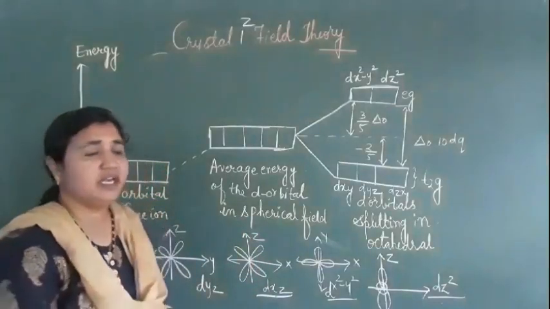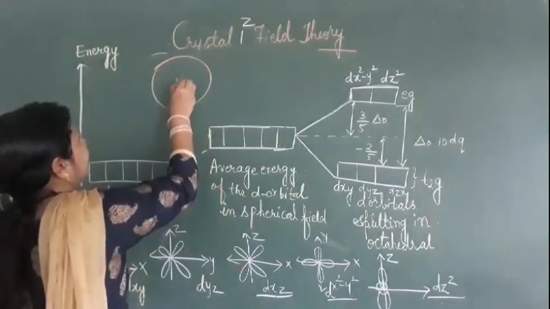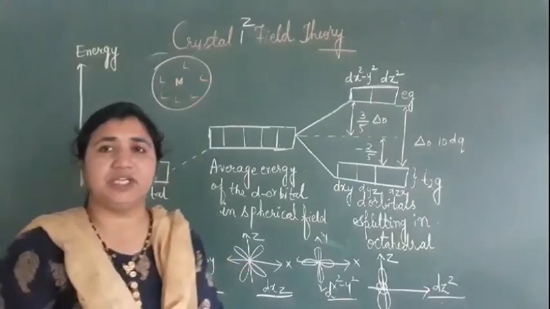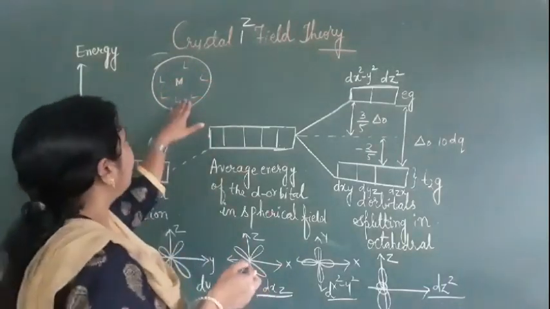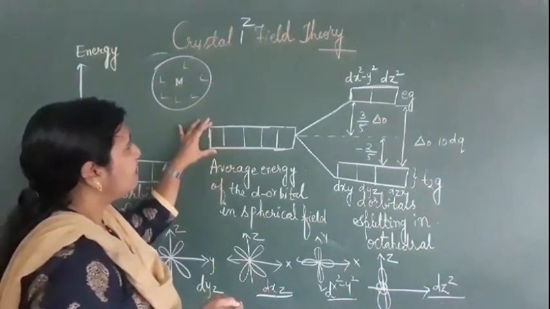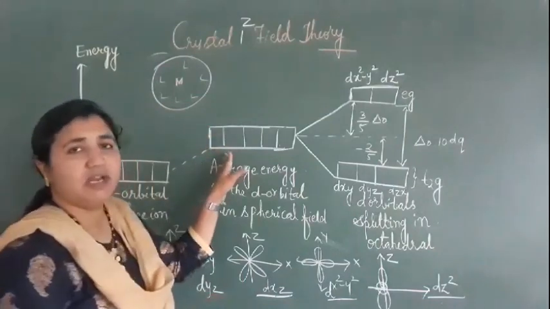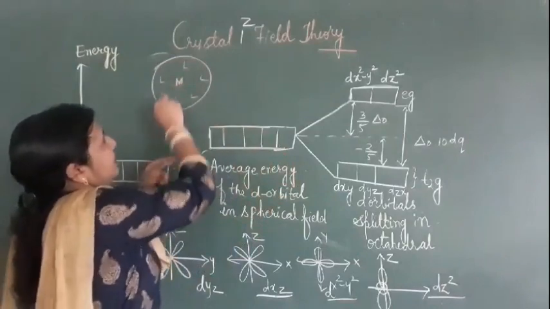Spherical field means the metal and ligands are not coming from a particular direction. All the ligands come from any direction. So even if the energy increases, the d orbitals will not lose their degeneracy, all the average energy will be equal. There is no splitting in the spherical field.